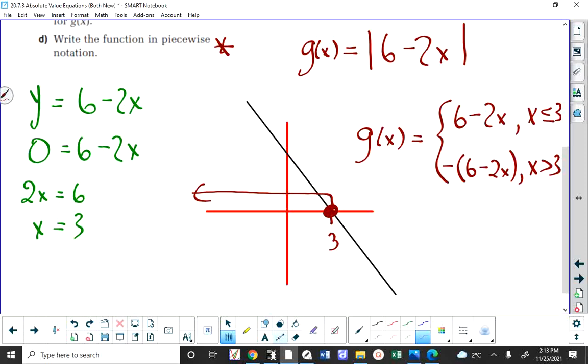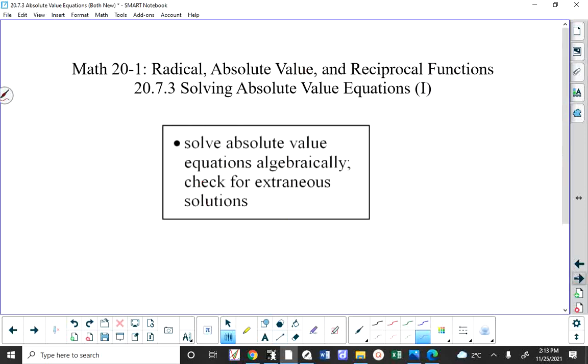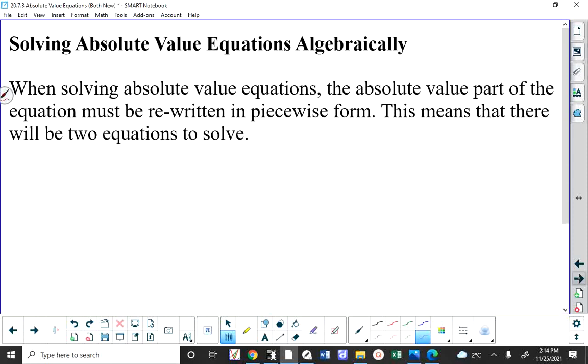All right, so we are going to be moving on today and solving absolute value equations, which we're going to spend 2 days on. And the real reason why we learned what we have learned so far is because you need to know yesterday's content to do today's lesson.